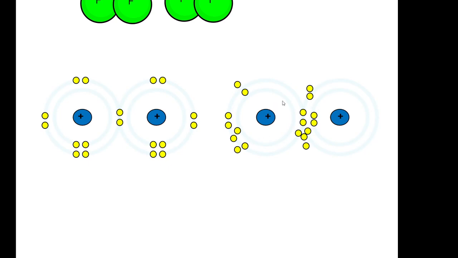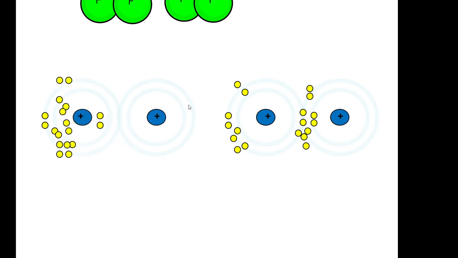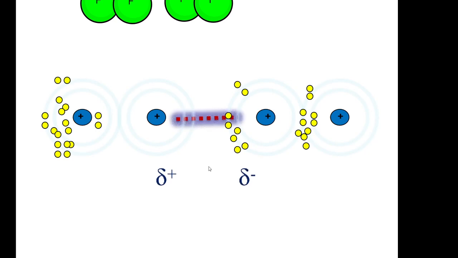And those being on this side means that it's going to push these electrons over, because they want to get away from the negative charge over here. So you create an area of positive charge and an area of negative charge. And therefore you get some attraction between these molecules. And this is all that London dispersion forces are. London dispersion forces are just these temporary areas of charge from the electrons moving randomly.